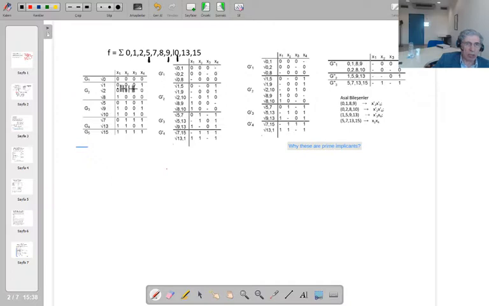And the others are not changing. These variables are not changing, whether it is the 0 minterm or the 1 minterm. So I keep all these positions 0, 0, 0. The changing variable position, I put a dash.